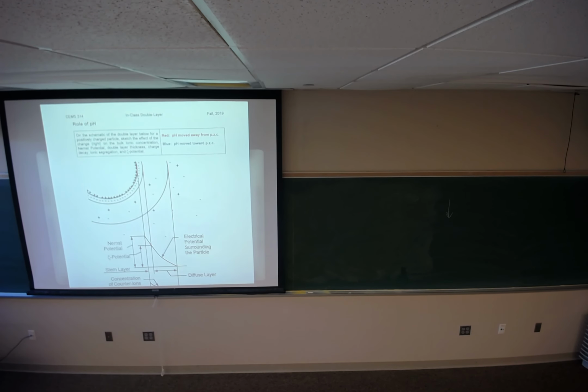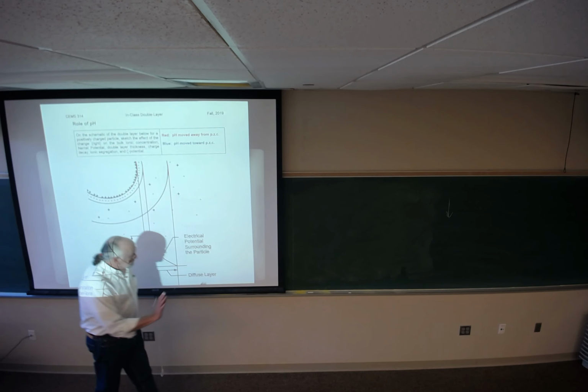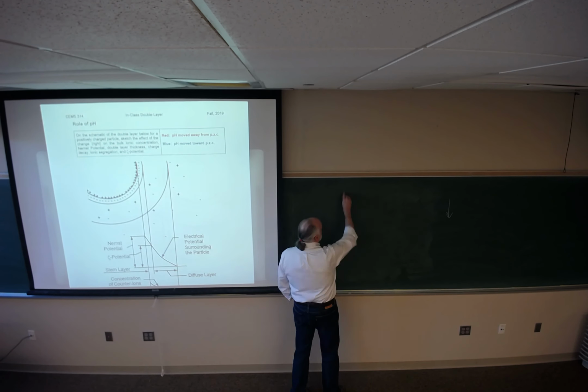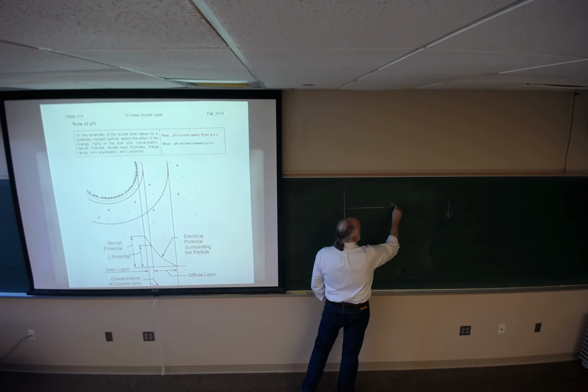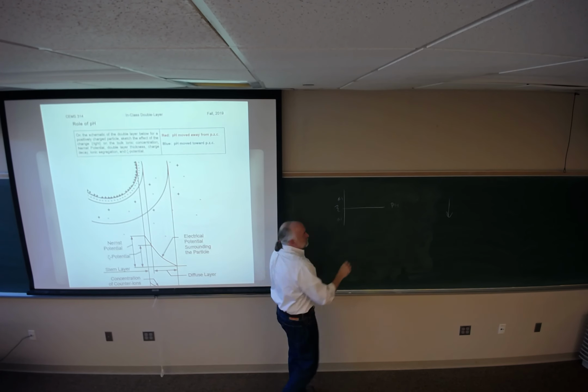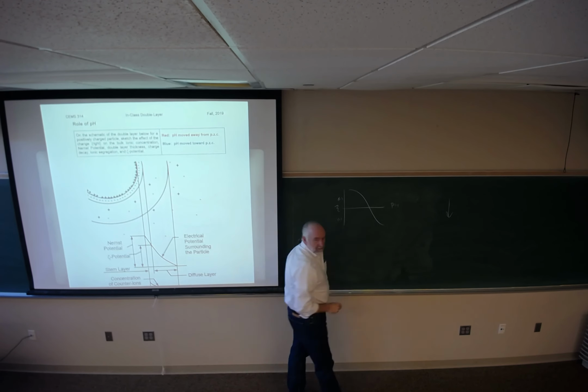Okay, so what happens? There's a curve that we haven't drawn for a couple of reasons, but typically what you have is this curve, which is pH versus zeta potential. This is what's most common that you see. That curve looks like this. Good?